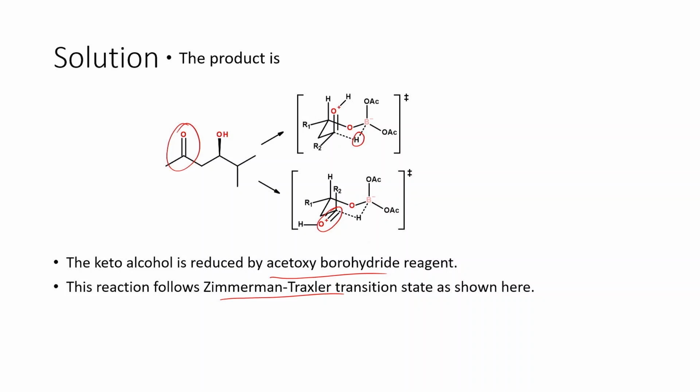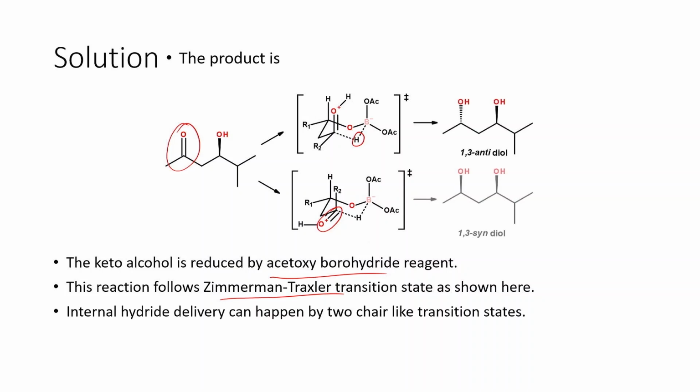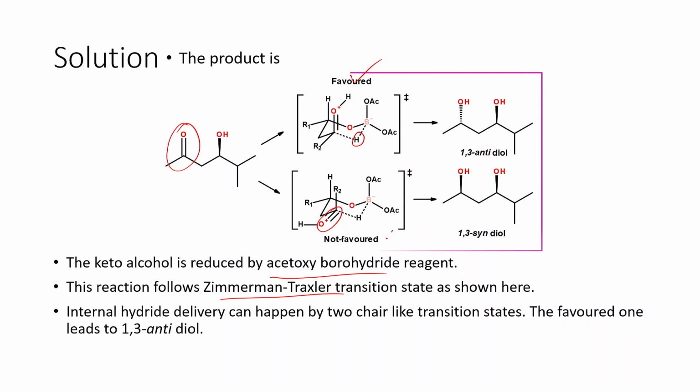So in this particular case, only one is possible, the other one is not possible. How do we know is very simple. The top one is actually the favored position, and this one is not favored, because here the interactions are a little bit higher, because we have an acetoxy unit here, and we have the R2, which is a bulky group, which prevents it, due to that 1,3-diaxial interaction.